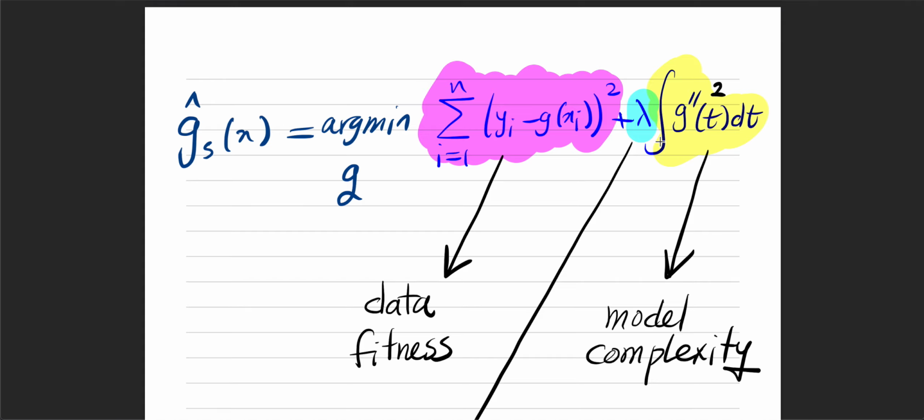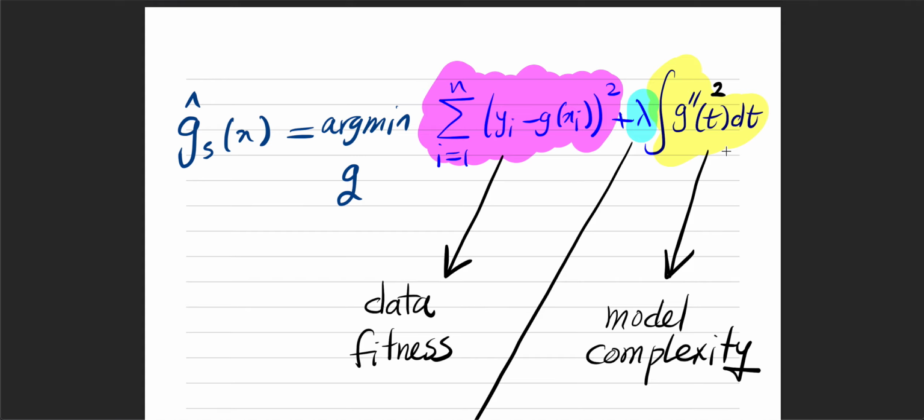So if g is very smooth, then the first derivative will be constant and the square of the second derivative will take a small value. On the other hand, if g is wiggly, if g is jumpy, if g is variable, then the first derivative will vary significantly and the integral of the square of the second derivative will take a large value. So again, this term here quantifies how smooth the function is.